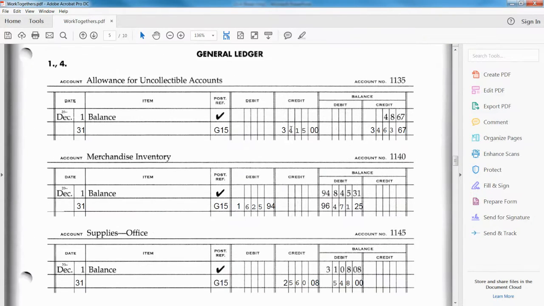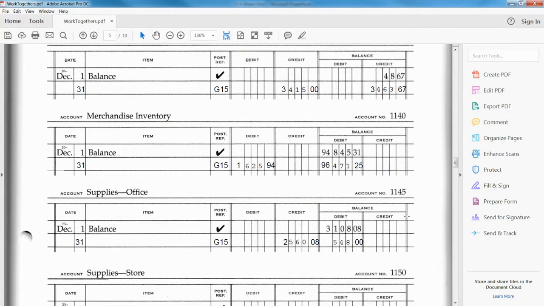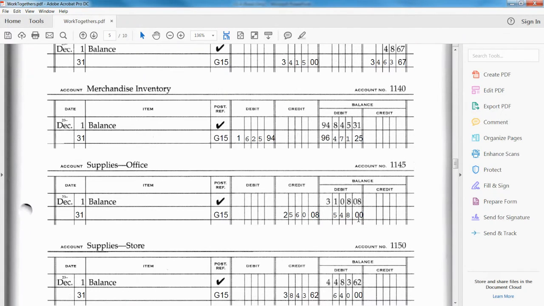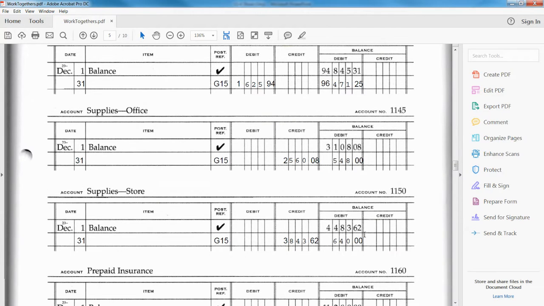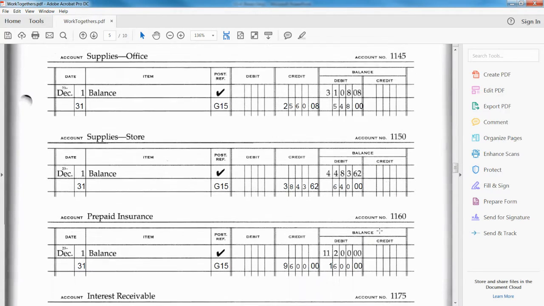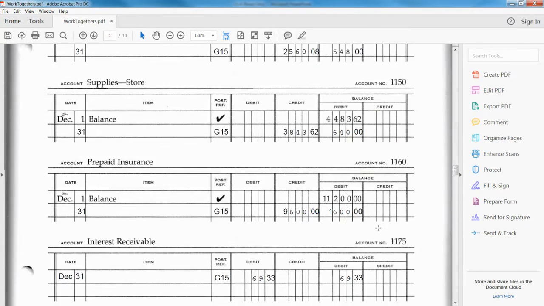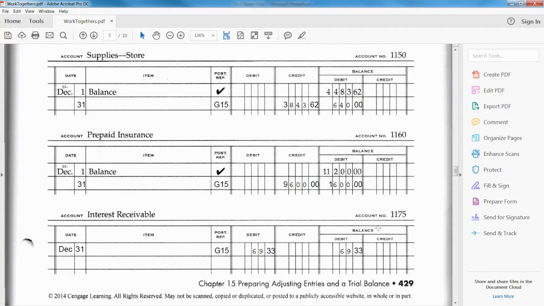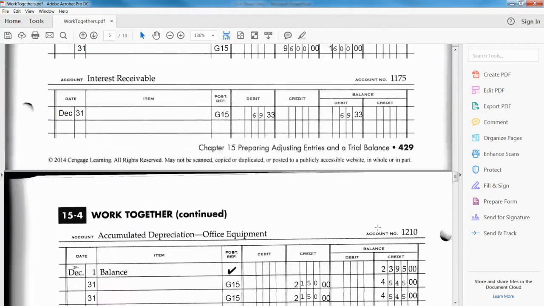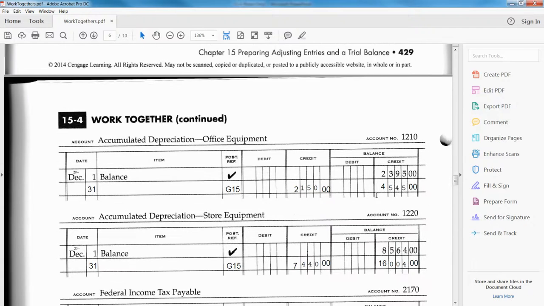So here's our allowance for uncollectible accounts and the new balance, merchandise inventory and the new balance, supplies office got posted, and here's our new balance, supplies store got posted, prepaid insurance, interest receivable, accumulated depreciation office equipment.